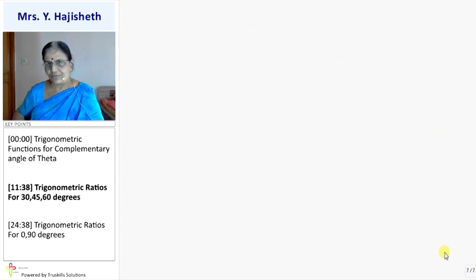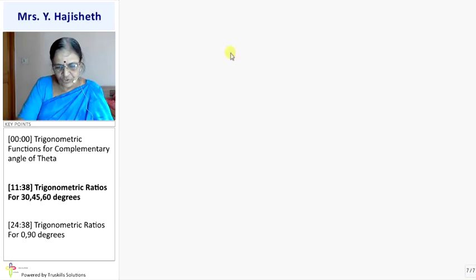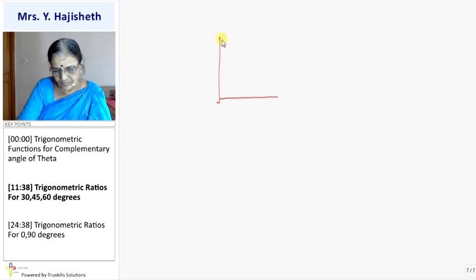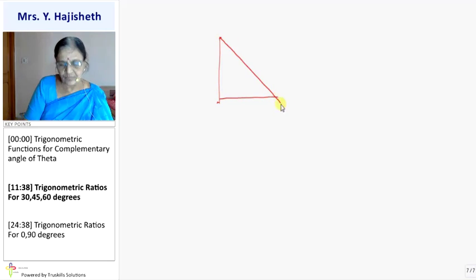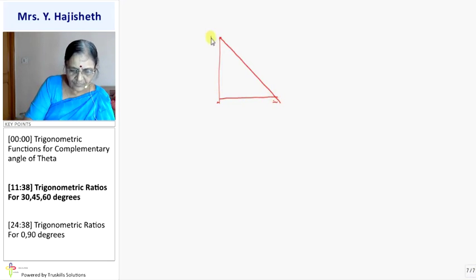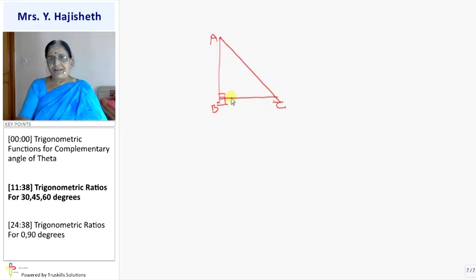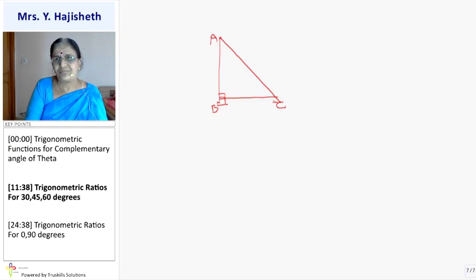Now I want to find out values for 0 and 90. Suppose ABC is a right angle triangle at B. Triangle ABC is right angle at B, not moving. Right?